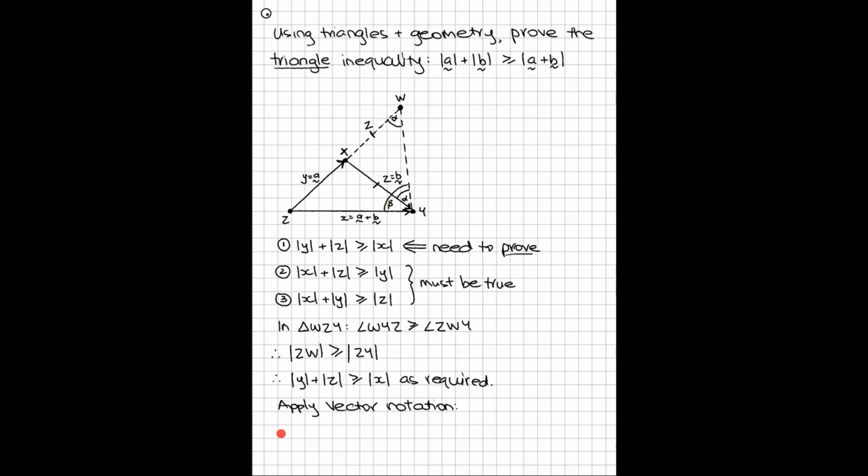So from there I can say that the magnitude of vector A plus the magnitude of vector B is greater than or equal to the magnitude of vector A plus vector B. And again, that's as required because that is the format of the triangle inequality that we most commonly see.